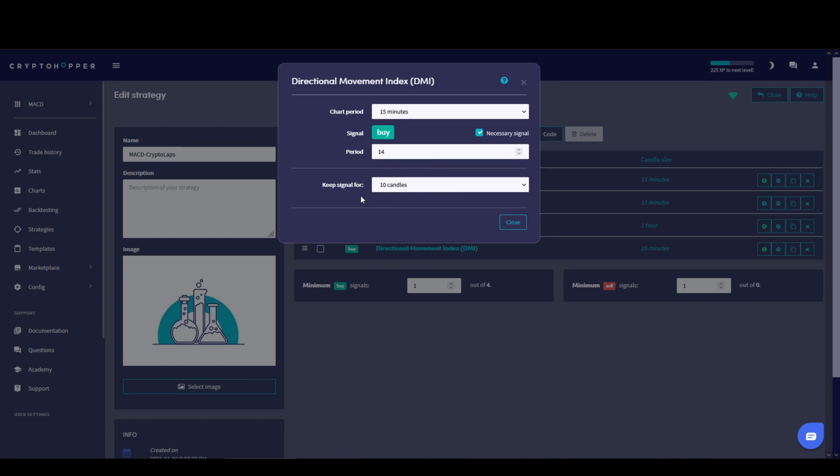What this means is once the DMI signals a buy signal, I want to keep the buy signal for 10 candles unless it reverses. If it changes to a sell signal, it will change automatically. But as long as it stays a buy signal, I want Cryptohopper to signal this indicator, not just once.